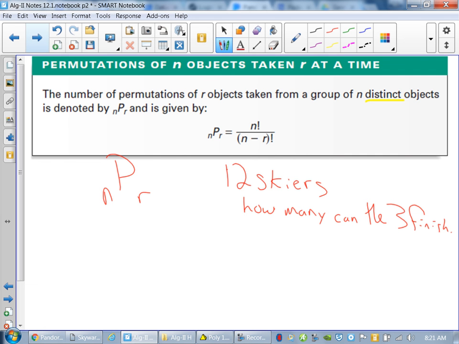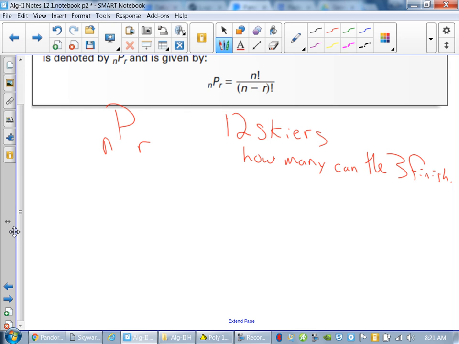Well, if you're going to pick 3 of them out of the 12, that's where order matters. If you're only picking 3 skiers out of 12, how many ways can the first person finish? There are 12 people who can finish first. There are then 11 people that can finish second, and then 10 people that can finish third. That's how many ways you can pick the top 3 finishers, if that makes sense.